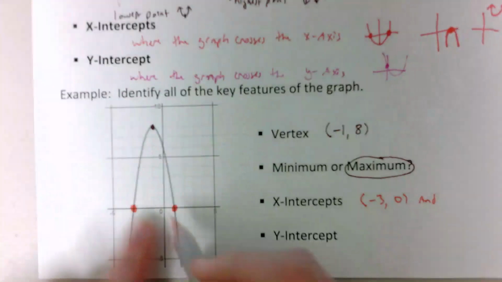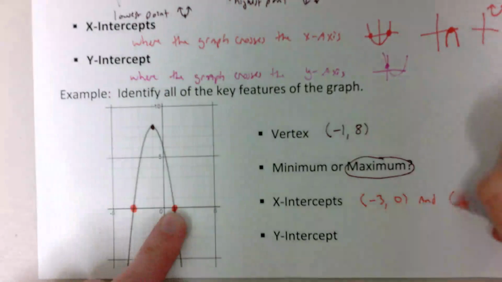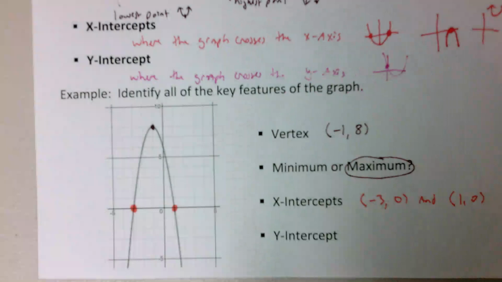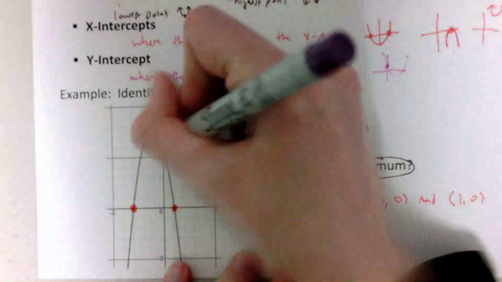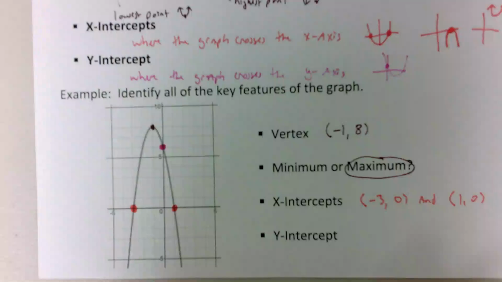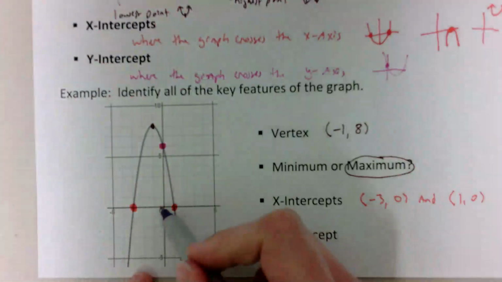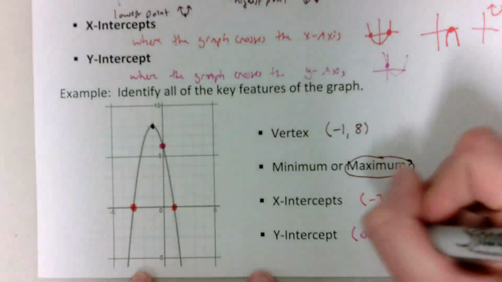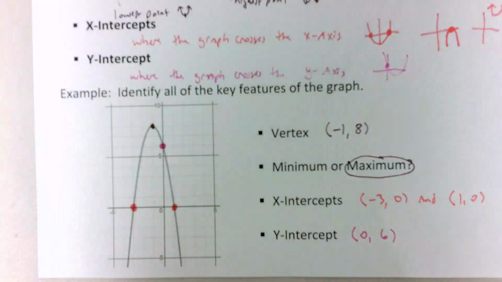And then for our second one, I'm running to 1 and jumping to 0. So 1, 0. So this one has 2 different x-intercepts. And then the y-intercept would be this point right there where it crosses the y-axis. And the coordinates of that point, you're running 0 and then jumping 6, right? So it'd be run 0, jump 6.